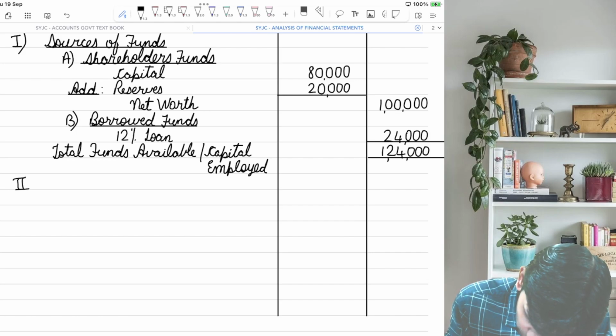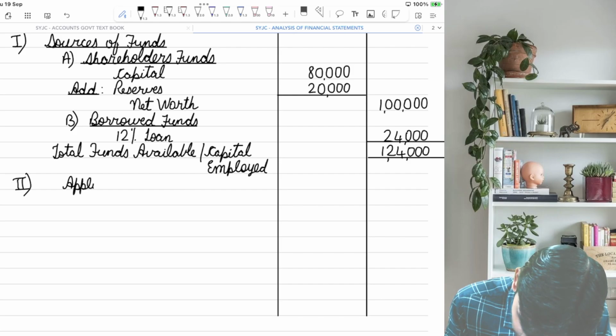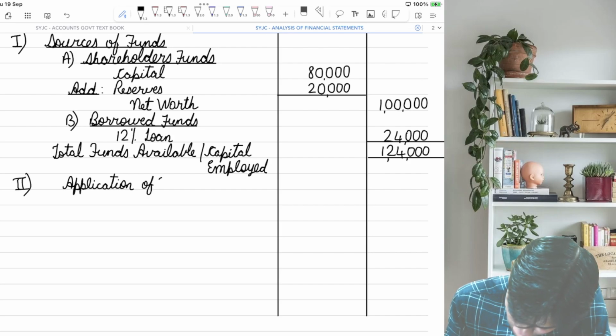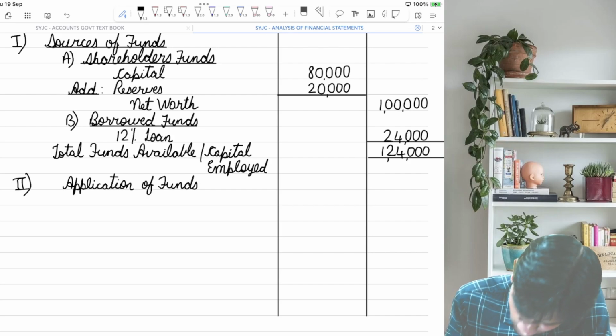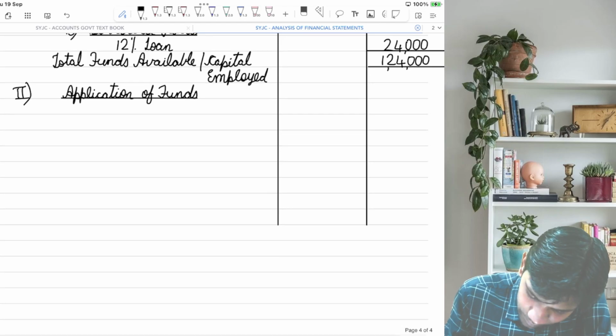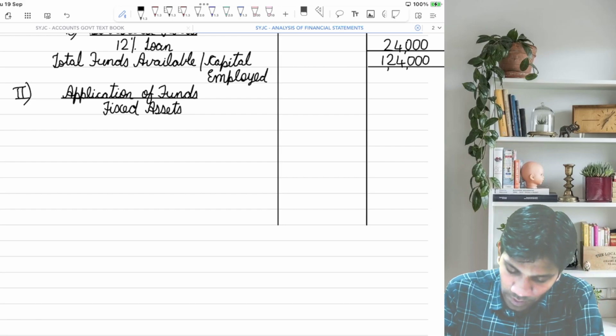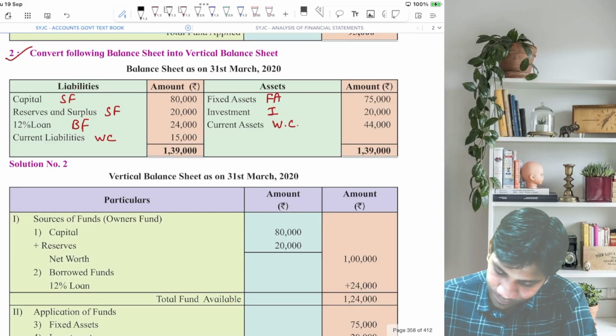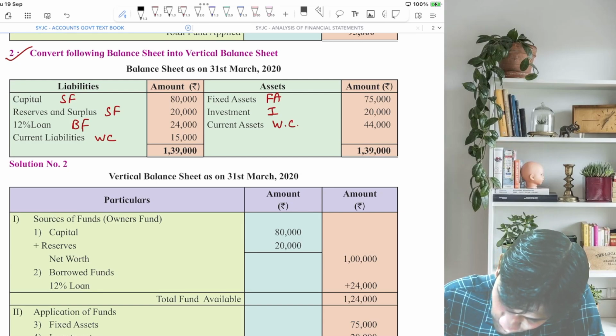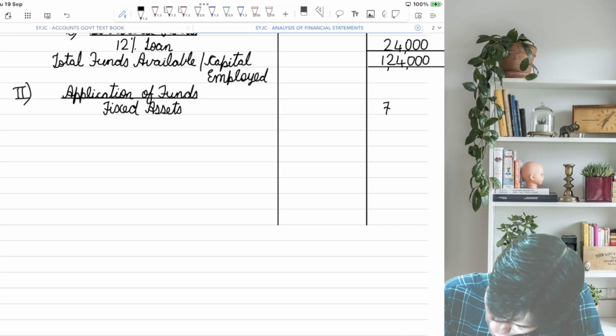Let's go for Roman number 2. Application of funds. In this, first we have fixed assets. Let's see how much fixed assets we have. 75,000. Single, so outer column.